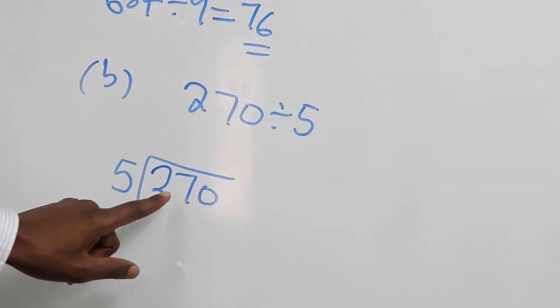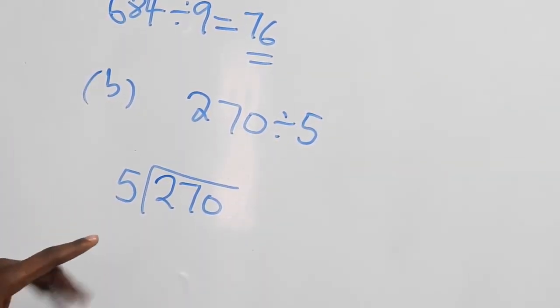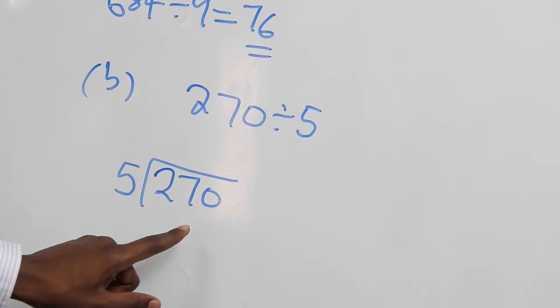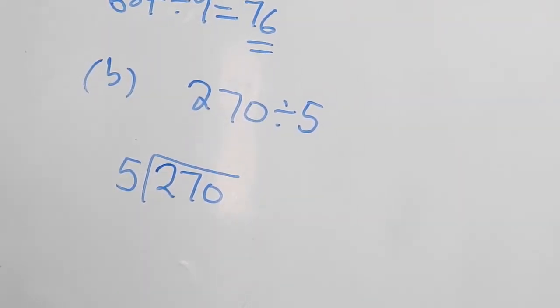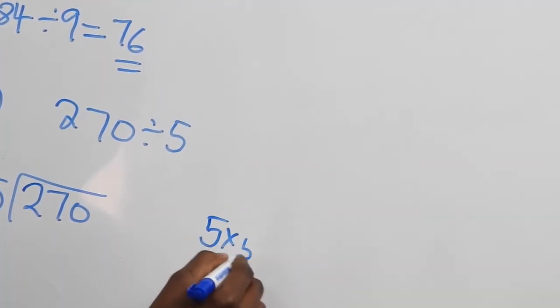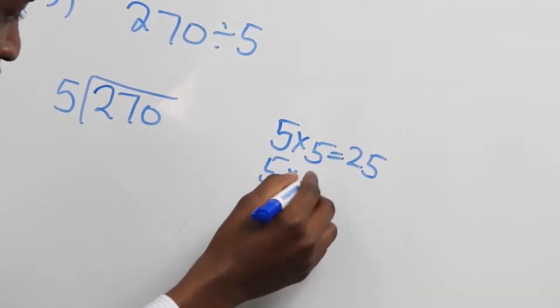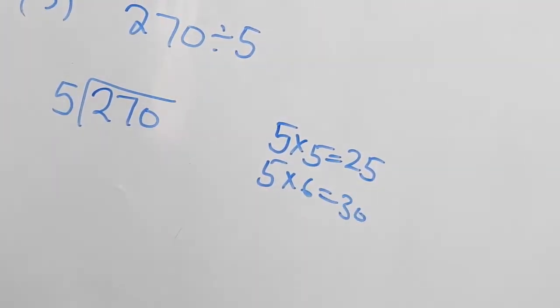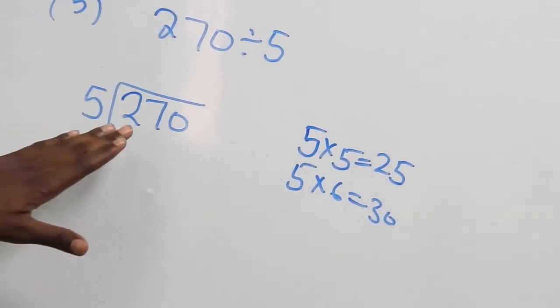5 divides into 2 0 times. But we don't write that 0. Instead, we combine 2 with the next number to have 27. So, using the multiplication table for 5, we know that 5 times 5 is equal to 25. 5 times 6 is equal to 30. So 25 is the number that is closer to 27.